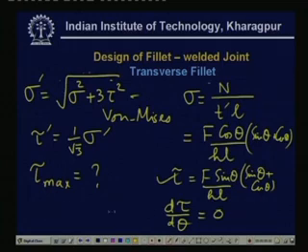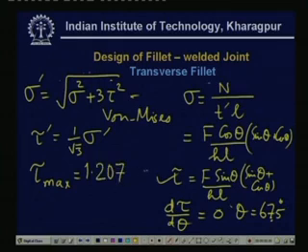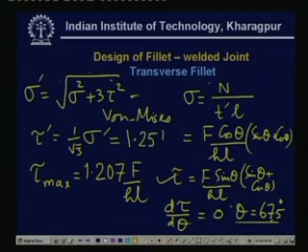If you carry out these calculations, then theta becomes 67.5 degrees, and if you substitute the value of theta in tau here, you get the maximum value of tau to be approximately equal to 1.207 F by h L. This is about the tau max, and if you calculate the same for the von Mises stress, again it appears at the same angle theta equal to 67.5 degrees, and that becomes almost equal to 1.25 F by h L.